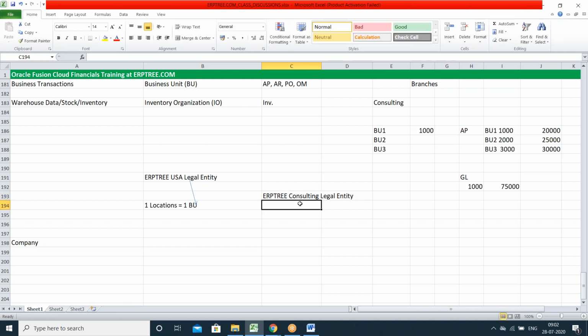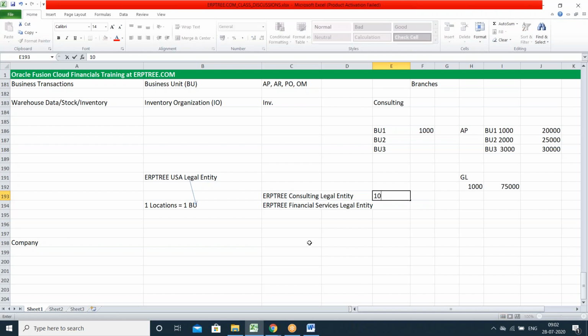Yeah. See, let's take this. ERP3 consulting legal entity, and ERP3 financial services legal entity. For doing two businesses, you have a separate registration. Now tell me, under this registration, in how many locations are you running business? 10.